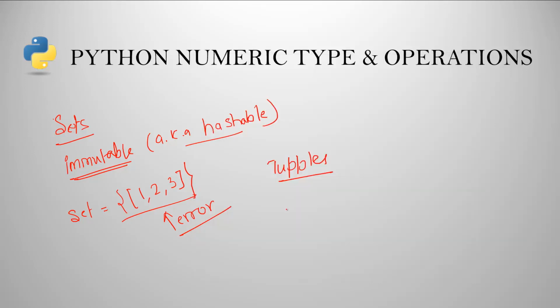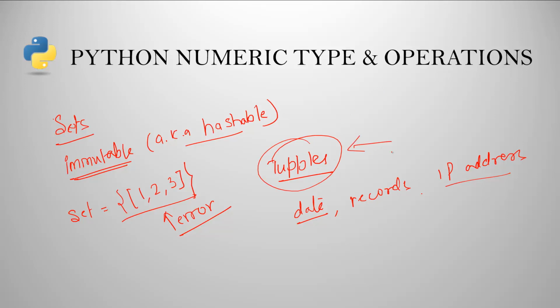For instance, they might represent dates, records, IP addresses, and so on. We'll talk about tuples more in later videos.